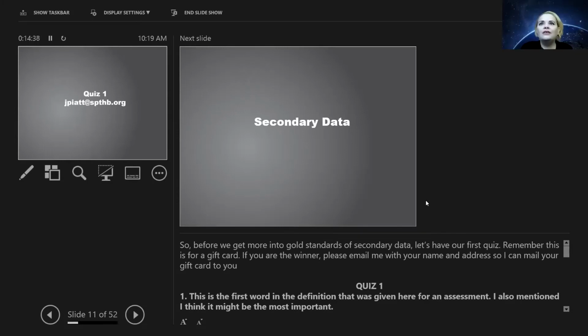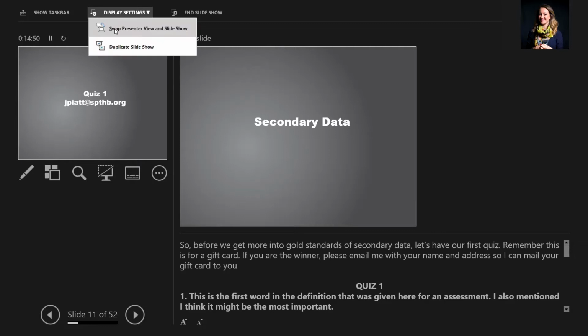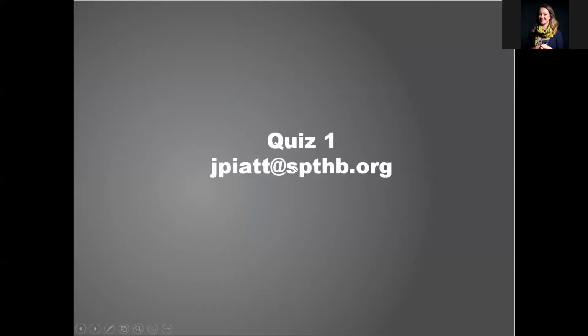If you go up to display settings at the very top of the presenter mode, you can switch screens. You can swap presenter mode and slideshow. I did not know this. I apologize. So right now we can see the slide and not your notes.